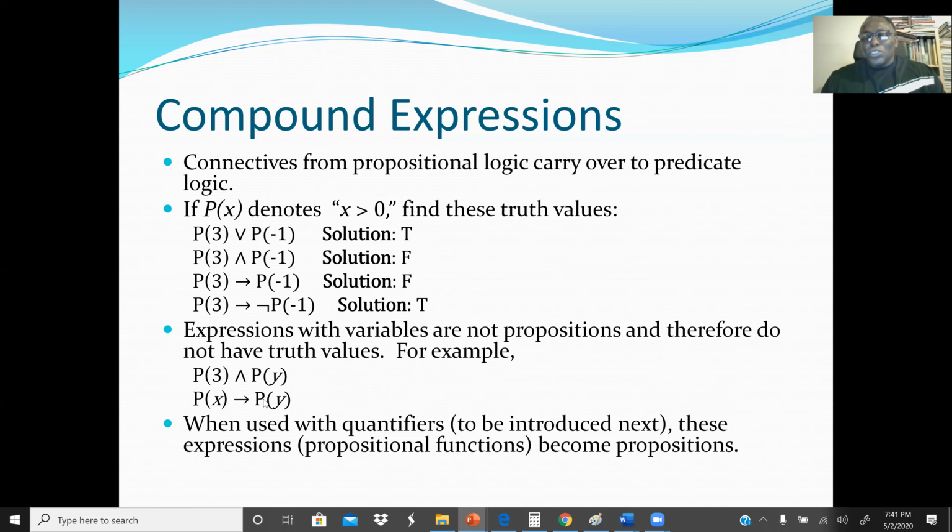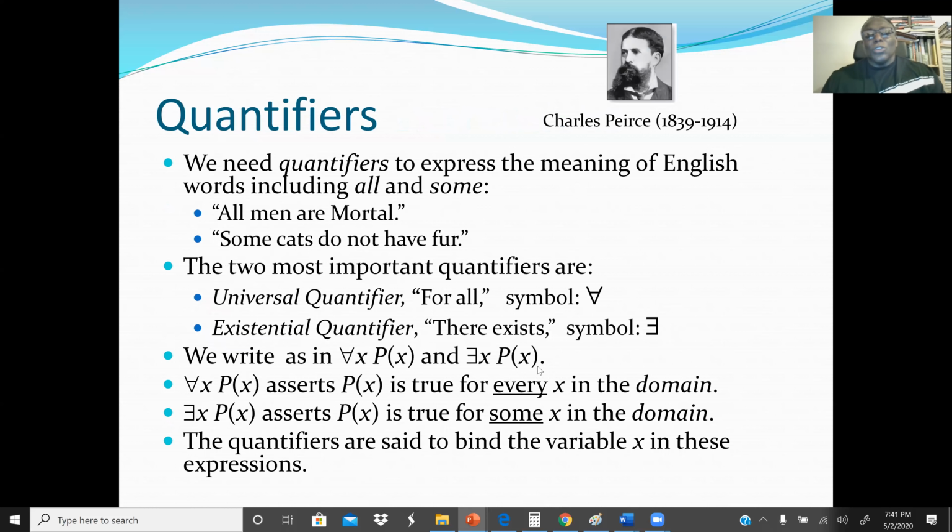This is not a proposition. Now, when used with quantifiers, which will be introduced in the next slide, these expressions, that is the propositional functions, again become propositions. The quantifiers will give us the condition of all or some. And that's what we're going to do next.